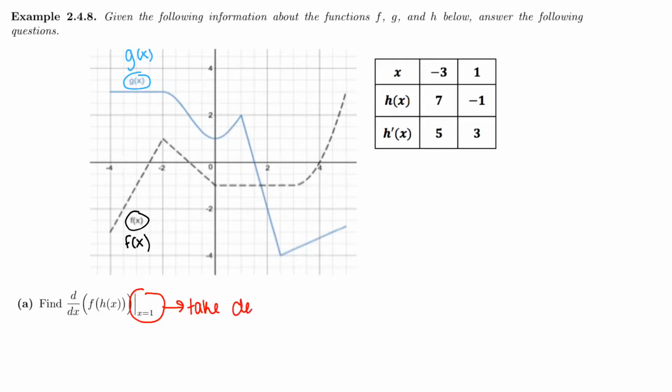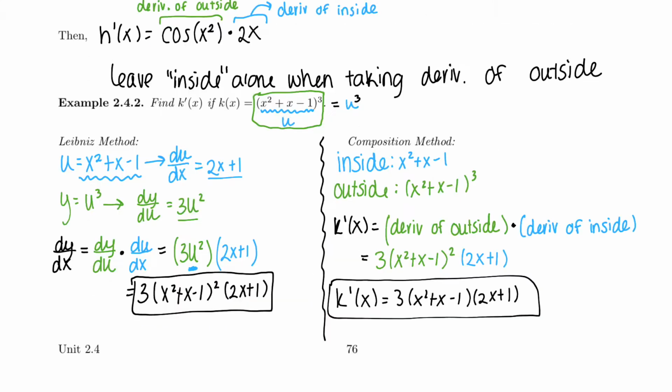Take the derivative, then evaluate at x equals 1. To remind you of the full definition of chain rule that we talked about in the very beginning, maybe I should scroll back so that you can see it.